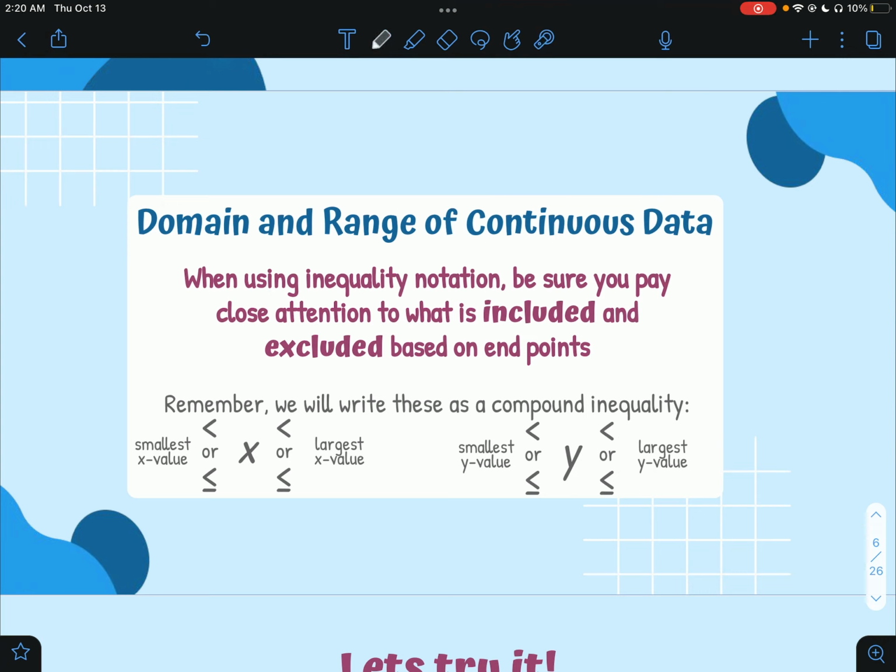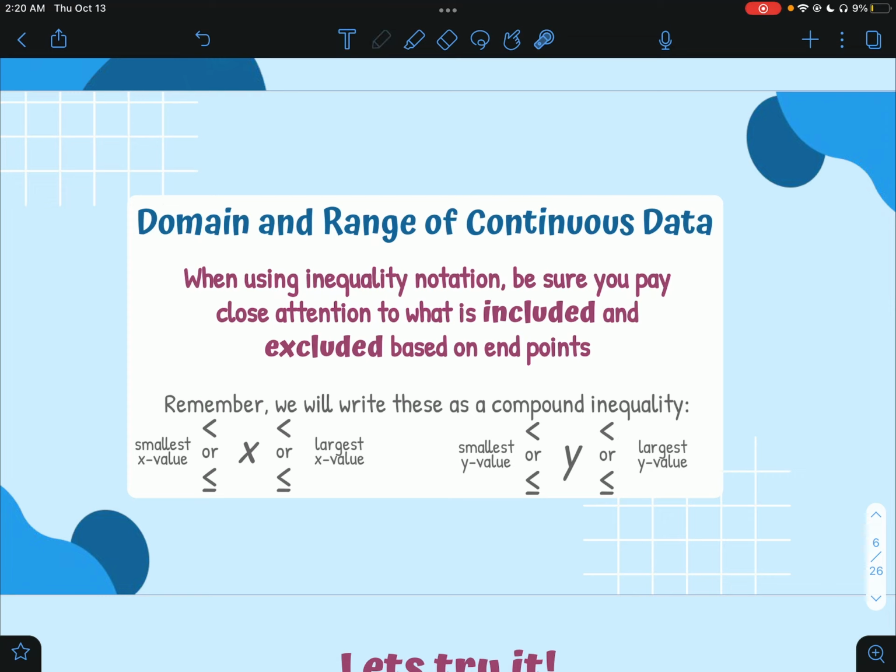Now, when writing your domain and range for a continuous set of data, you're going to use that inequality notation. Hopefully, your opener kind of got you back into the habit of thinking about that inequality notation. But remember, when writing an inequality, you're going to start off with an idea.